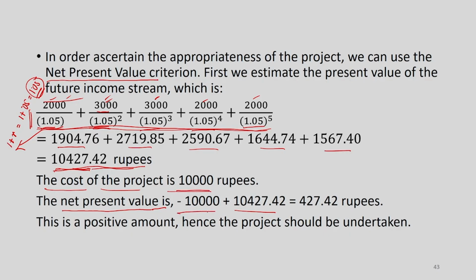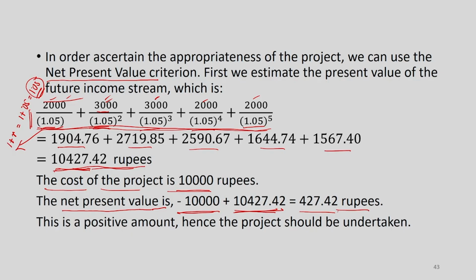Now, the present value of the cost is nothing but 10,000 rupees, because this is not happening in future, it is in the present itself. So, I do not have to discount this. Therefore, the net present value is plus 10,427.42 and minus 10,000. So, the net is coming out to be 427 rupees 42 paise.